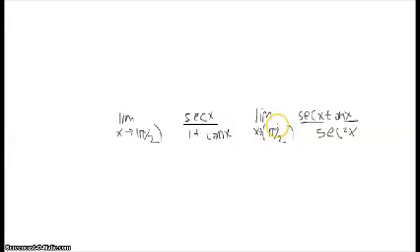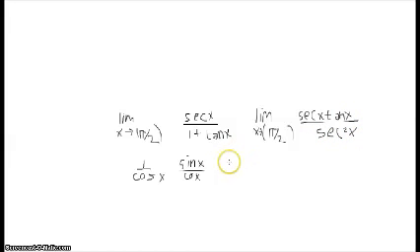Since this limit is approaching pi over 2, you can just plug in pi over 2, but that would be a lot more complicated, so what you can do is simplify it. How I'm going to write it is 1 over cosine x times sine x over cosine x, multiplied by the reciprocal because it's dividing.